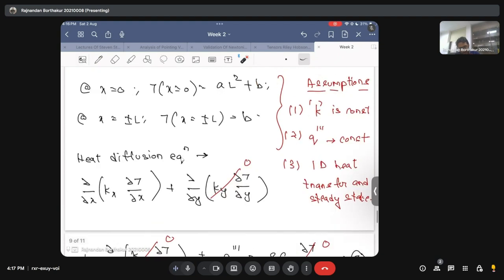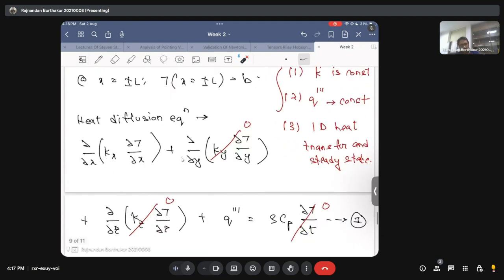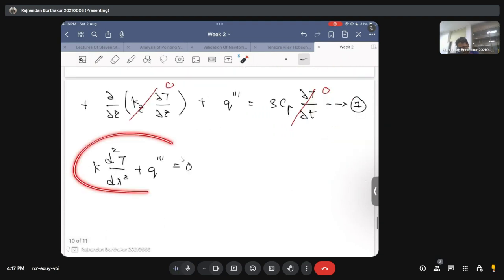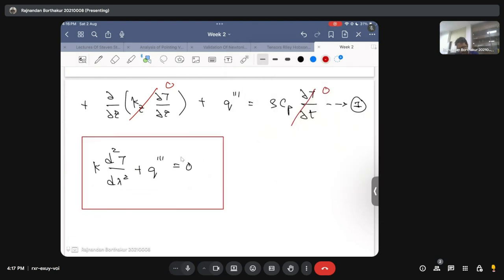And you are saying that thermal conductivity is constant, which means it will come out of the derivative. Since this is a one-dimensional problem, the partial derivative del/del x gets converted into d/dx. If you do all these things, it's very easy to show that this is how your heat diffusion equation would be in the present scenario.